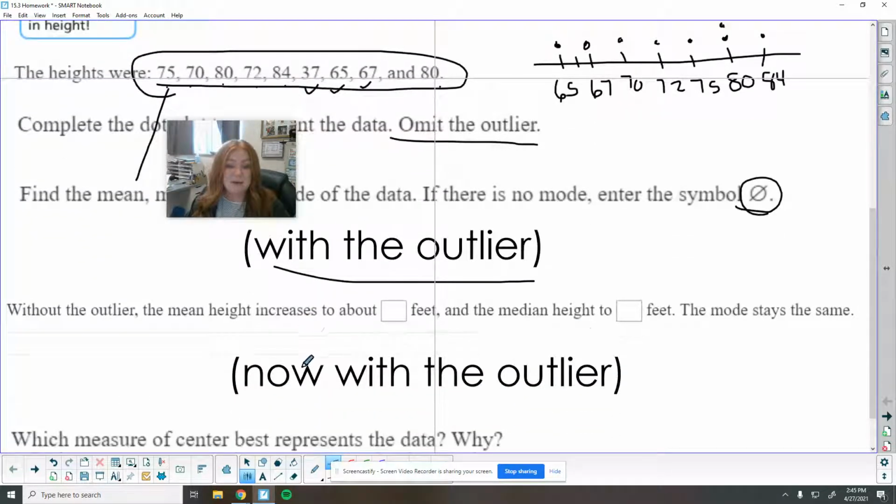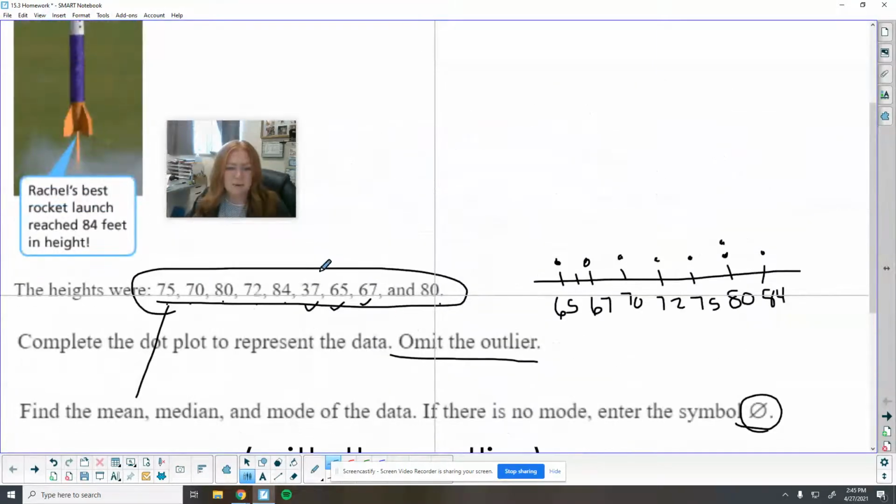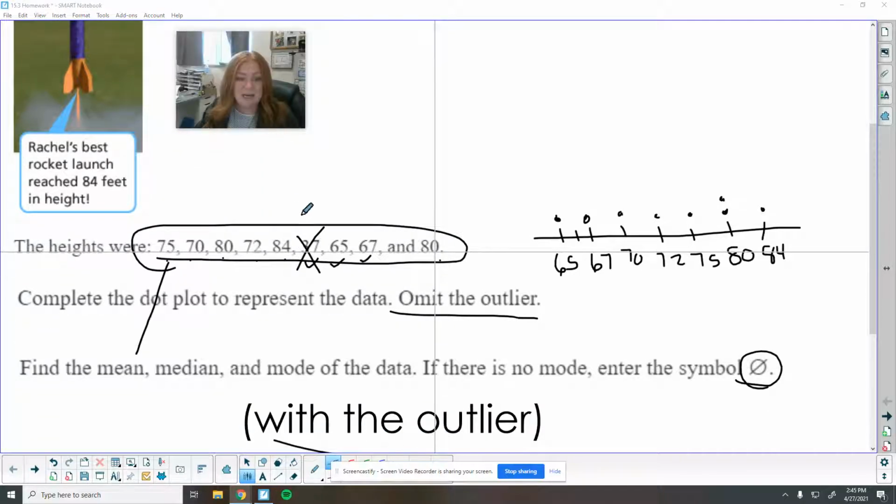So now you're going to calculate the mean, median, and mode without the outlier. So now we're going to not include that 37. So we're going to add these up without 37, divide by how many there are without 37.